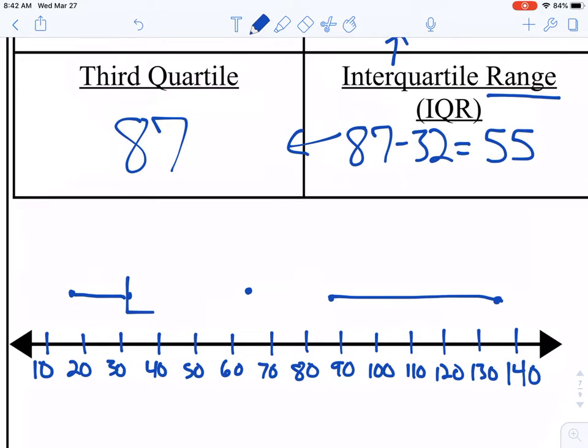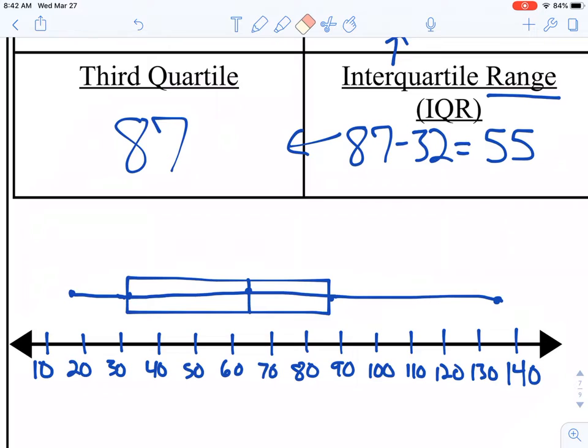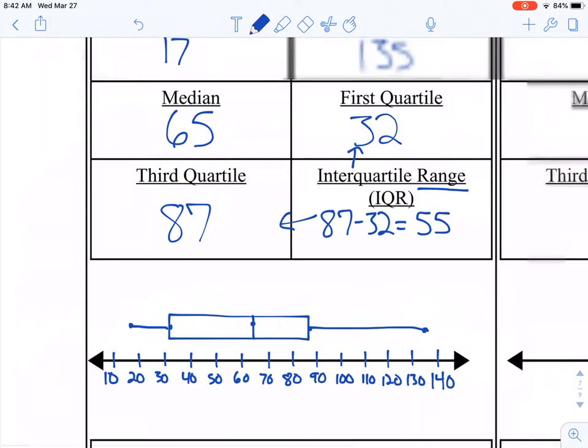You always make a box for the inside and a line through the median. This is what I think is most common, the way it is right now. But some people like to draw a line all the way through, and I'm okay with that. Having that line or not is totally up to you. It's whatever you think is prettier.